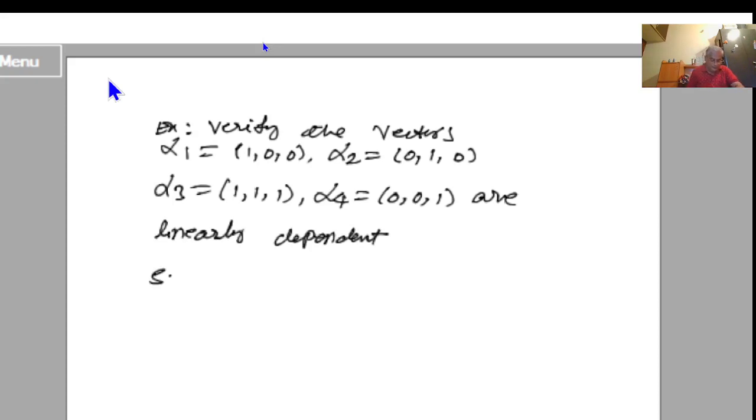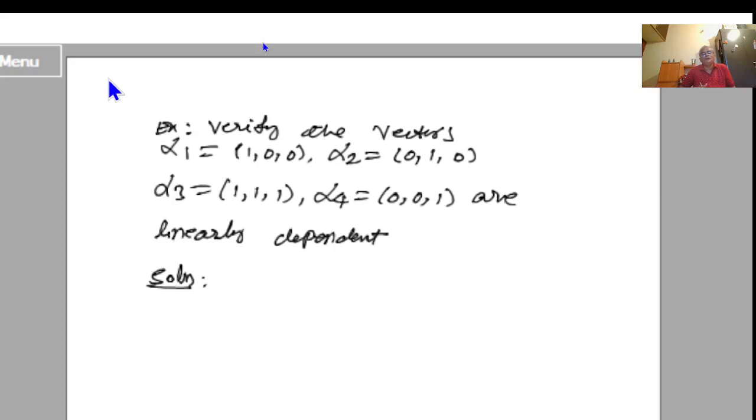So I'll go to the definition. 4 vectors are given here: alpha 1, alpha 2, alpha 3, alpha 4. These 4 vectors are the vectors of V3R. To check whether these vectors are linearly dependent or independent, we have to consider their linear combination and equate that to 0, and solve those equations for C1, C2, C3, C4.